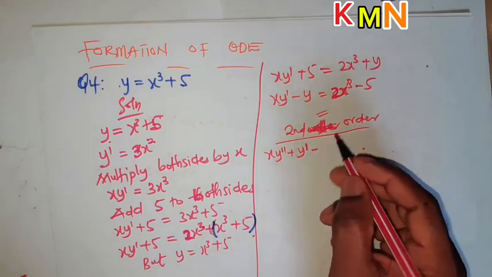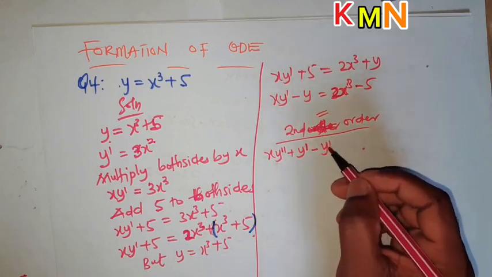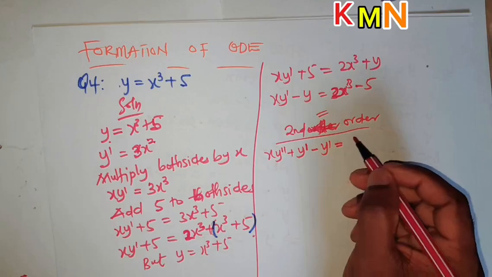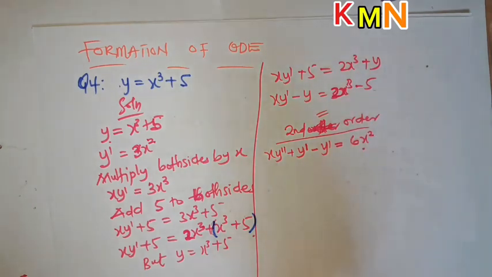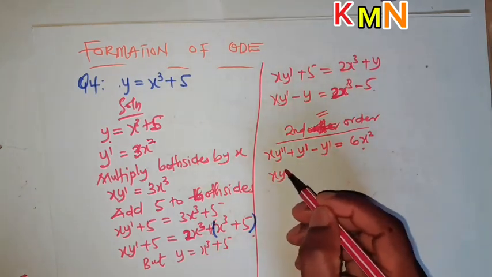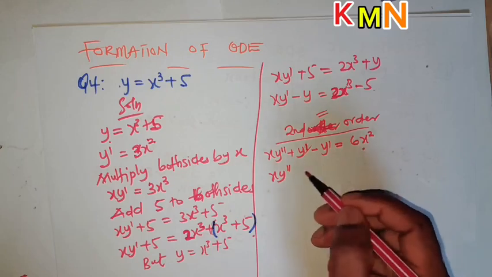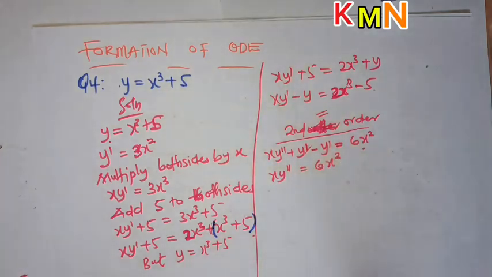Minus, when we differentiate y, we get y prime. So 1 times y prime is the same thing, equals 6x squared. The 5 differentiates to 0. So now you can see this and this can go away. So xy prime prime equals 6x squared. So this is our second order.